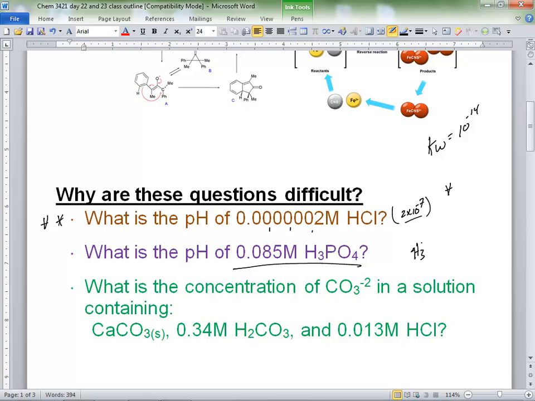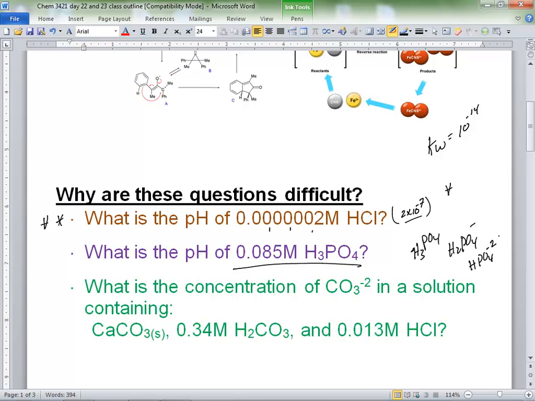H2PO4 with a minus. HPO4 with a minus 2, right? And there's phosphate, but that's not tying up any hydrogen. So then you could write a Ka expression for each one of these. You can look them up: Ka1, Ka2, Ka3. Write them all out. All these equilibria are going on at the same time. Hydrogen ion is spread out and distributed over all these different forms. So it's not a straight Ka problem.